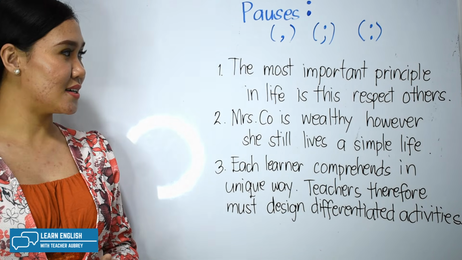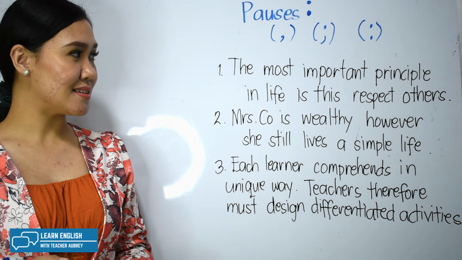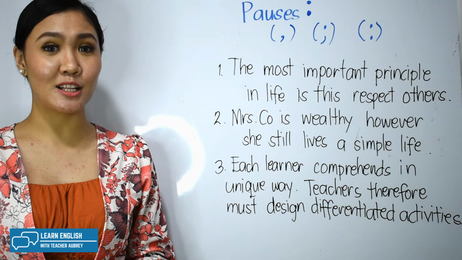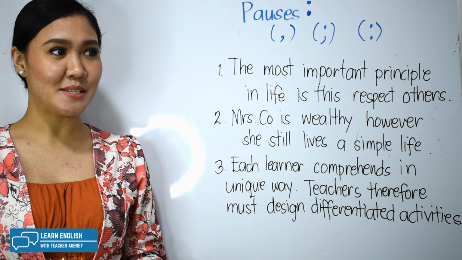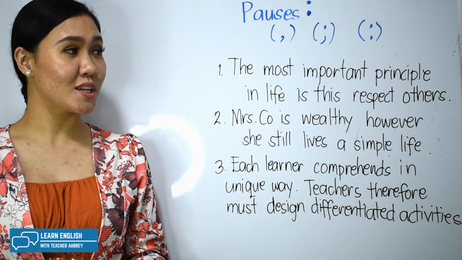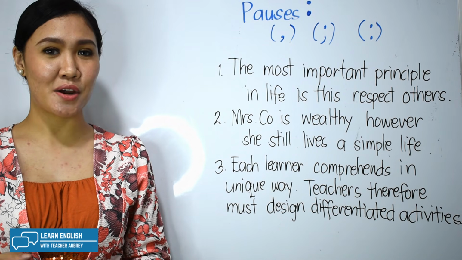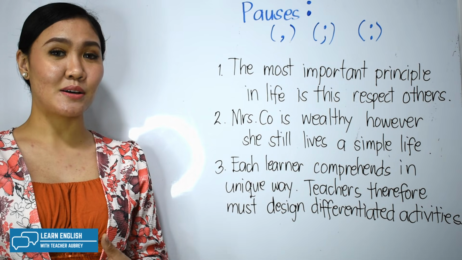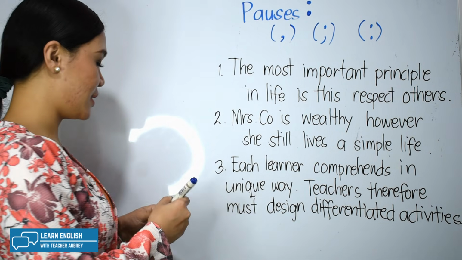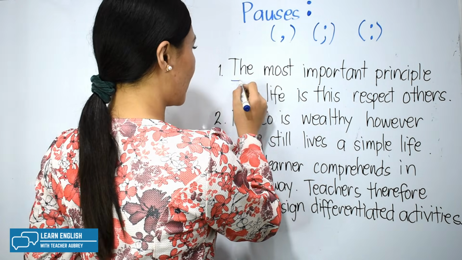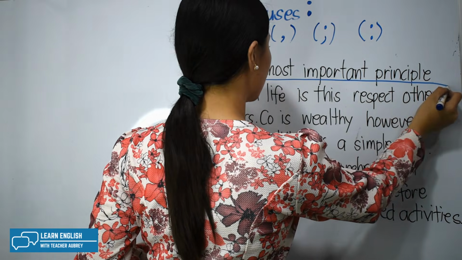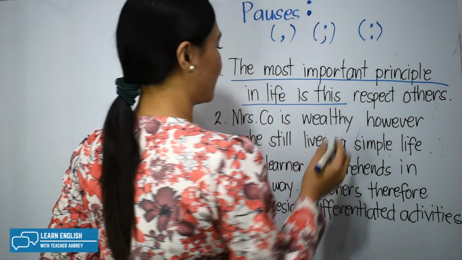In this first sentence, there is an independent clause. And after an independent clause, there is a particular thing presented. There is a clause that was presented in the sentence. This is the independent clause. The most important principle in life is this.